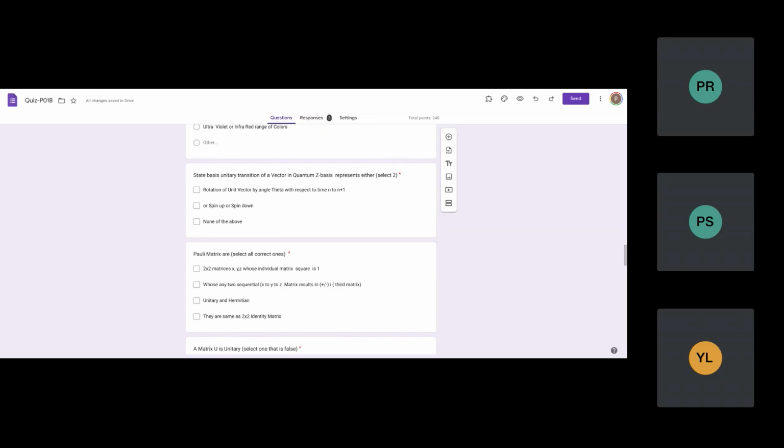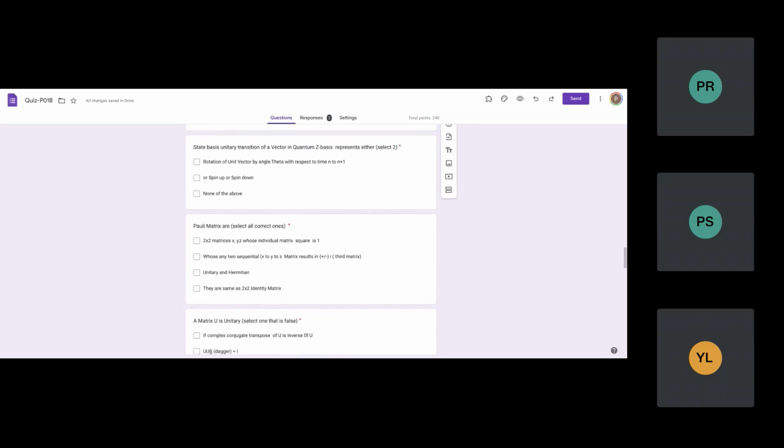So basically what happens is, if you have a vector, it is at a position n, and if you do some operation on it, it moves to some other position which is unitary again, but the angle may be different, angle may be theta, and it is at n plus 1 time. So that is valid. First and second are both correct, whereas third one, none of the above, is not valid.